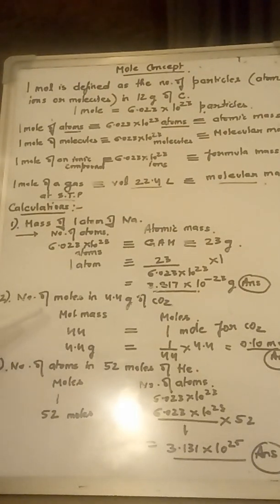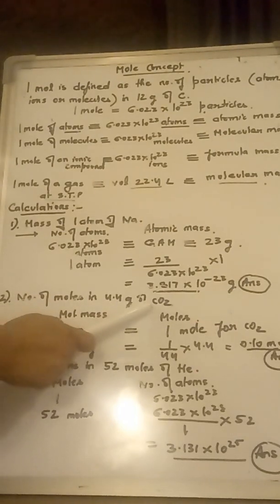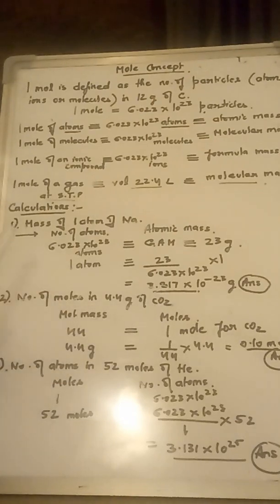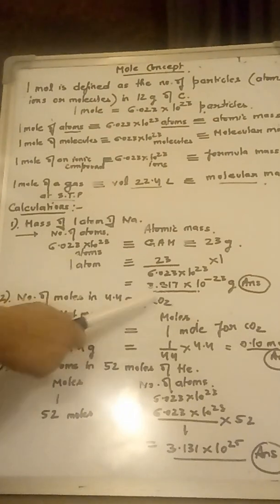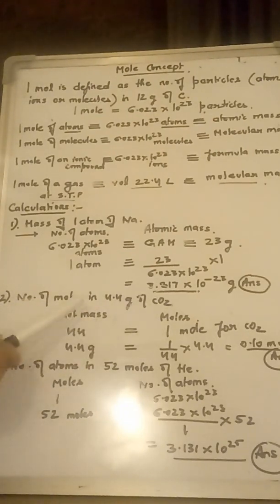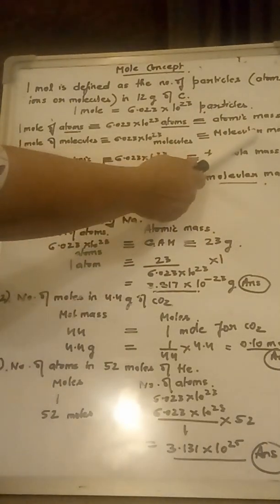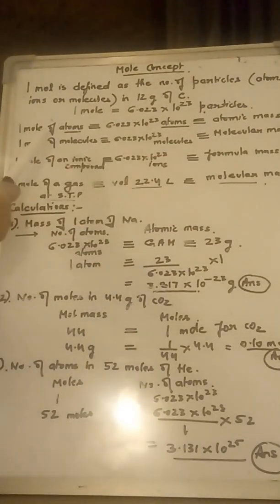They are asking the number of moles in 4.4 gram of CO2. So out of moles and mass, you keep moles on the right hand side. Now set a relation between moles and molecular mass.